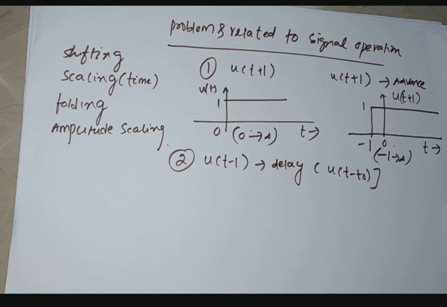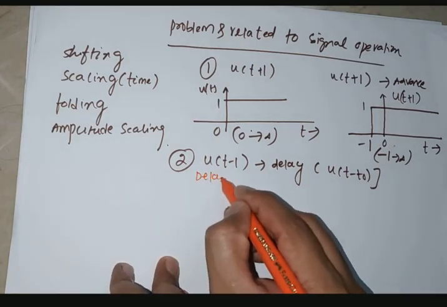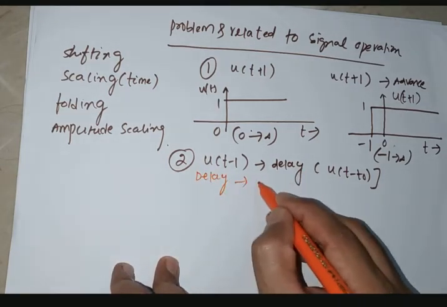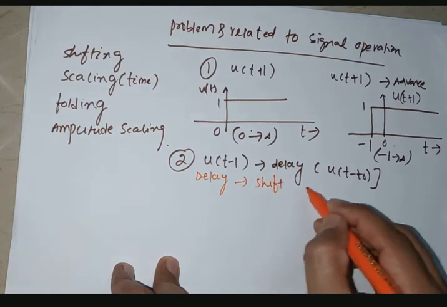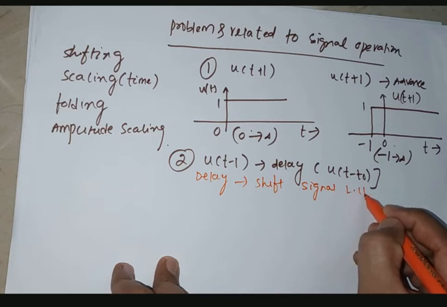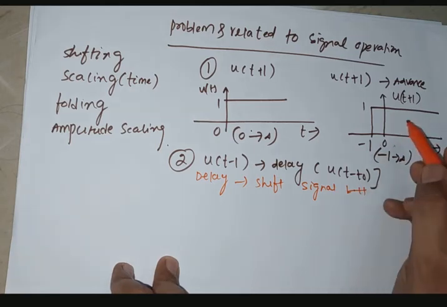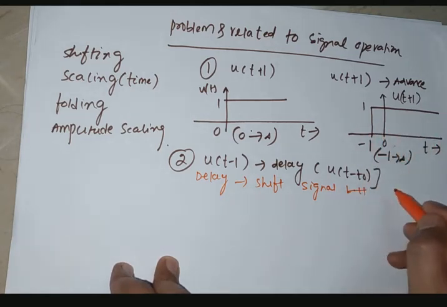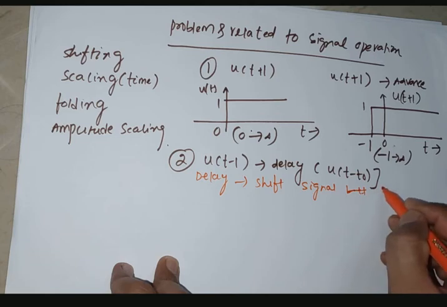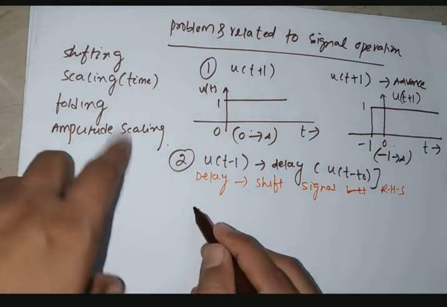Delay means shift the signal left hand side or right hand side? In case of advance it will shift left hand side. In case of delay it will shift the signal right hand side.